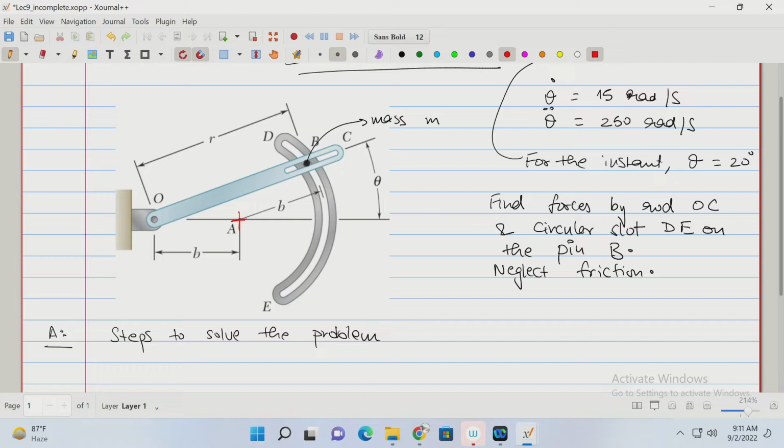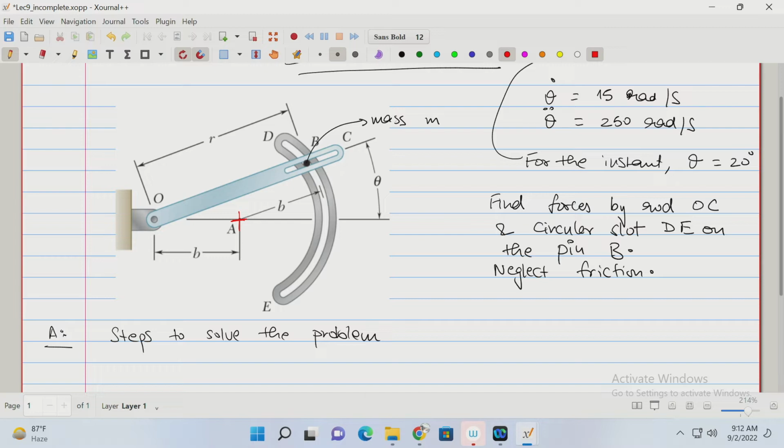Is there anyone who does not agree for A to be our choice of center of circle if we are taking polar coordinates? No, we can, so the answer is we can choose O as the center and use NT coordinates, right, normal tangential. We can also use R and theta with O as a center.